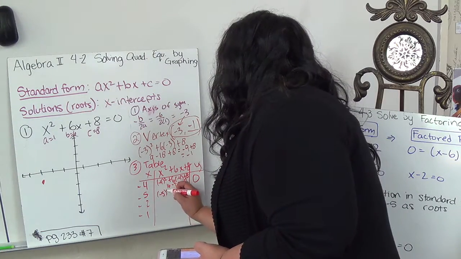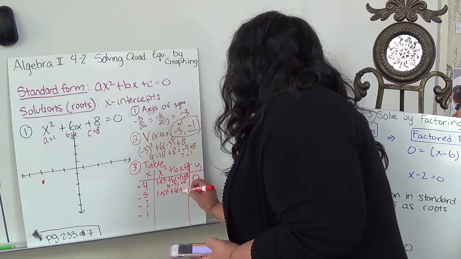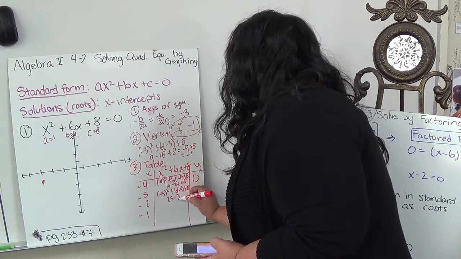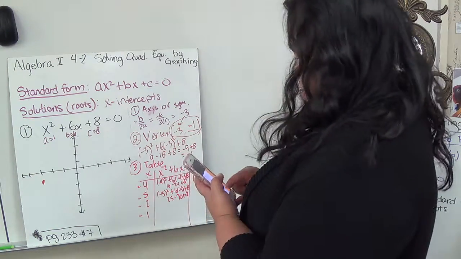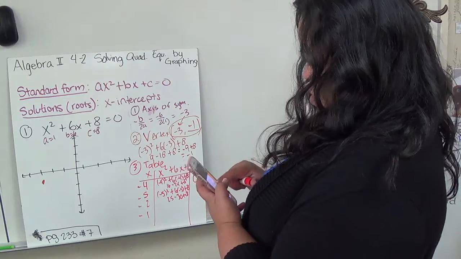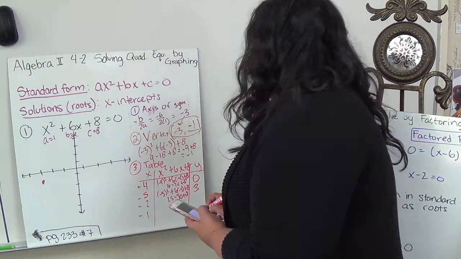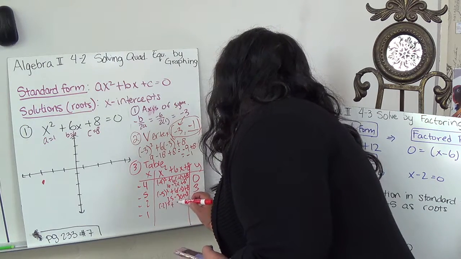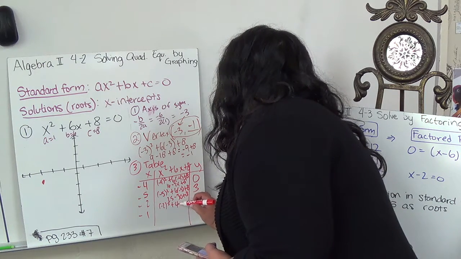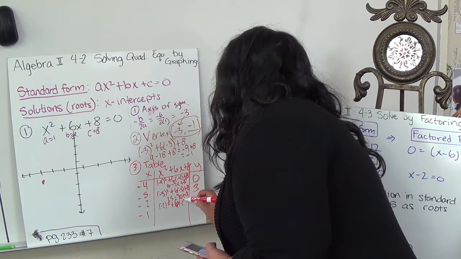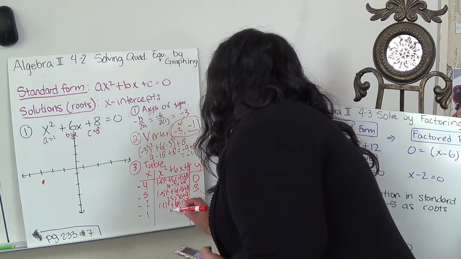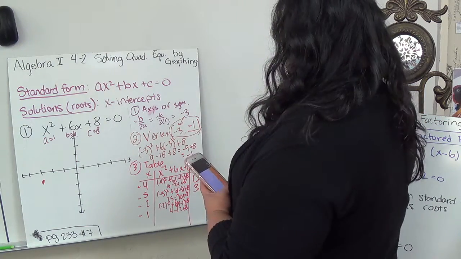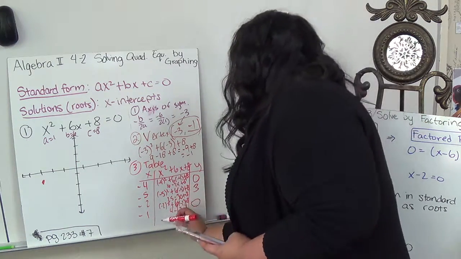So we have negative 5 squared plus 6 times negative 5 plus 8 is 25 minus 30 plus 8, which is positive 3. Then we have negative 2 squared plus 6 times negative 2 plus 8 is 4 minus 12 plus 8, which would give us 0.